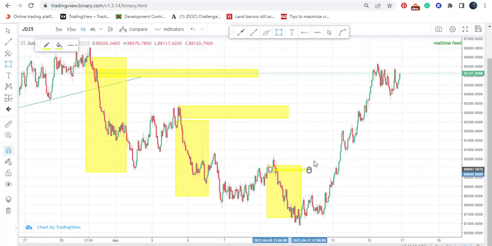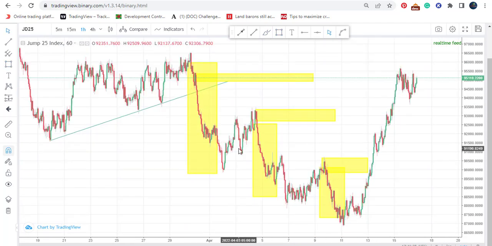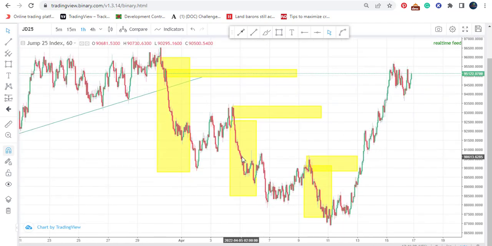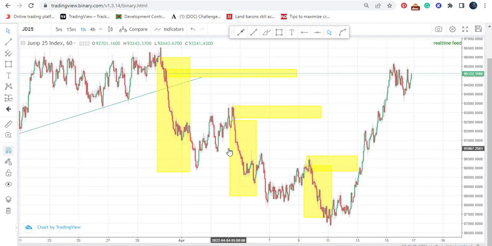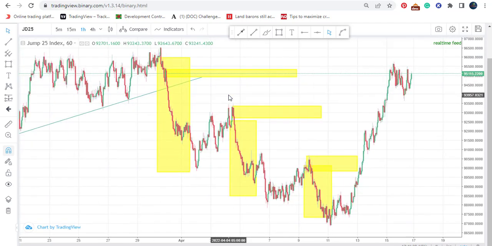You don't have to mark a lot of order blocks on your charts. Why? Because an impulse has one valid order block, and by looking at this chart, you might be seeing a lot of order blocks, but we just want 3. Why? Because we have 3 impulses. One impulse gives us 1 point of interest. So we have our trend lines drawn, then we have our market structure marked up, then we have to mark our flip zones.